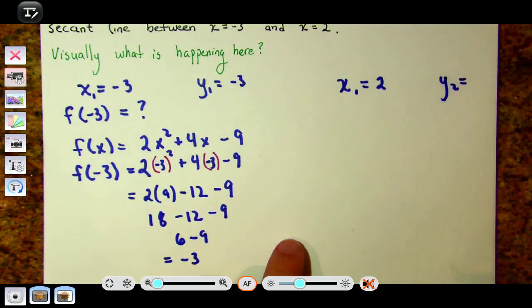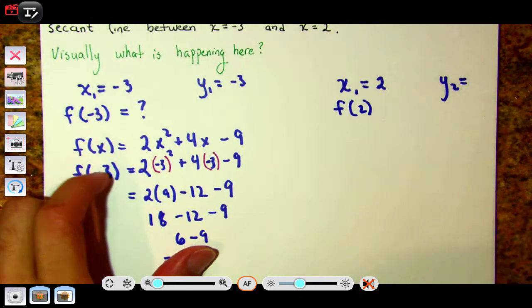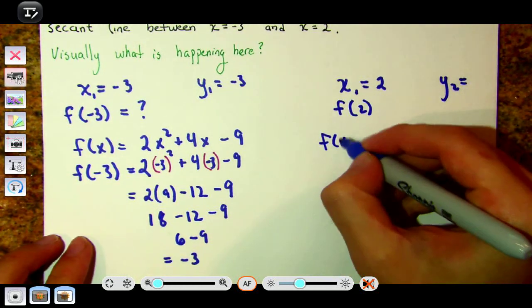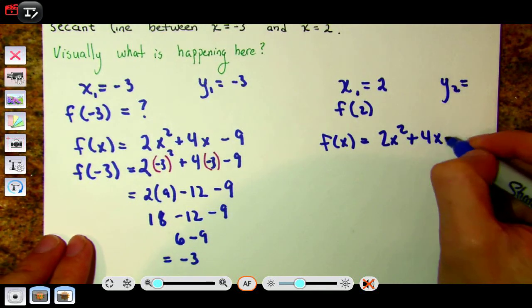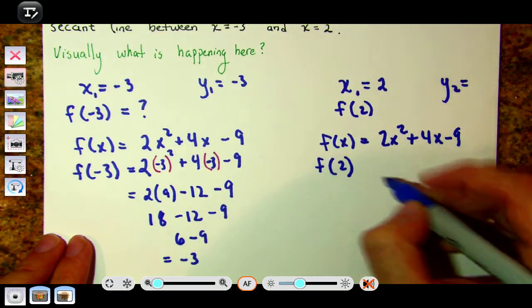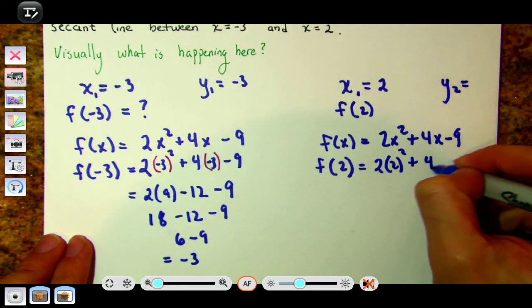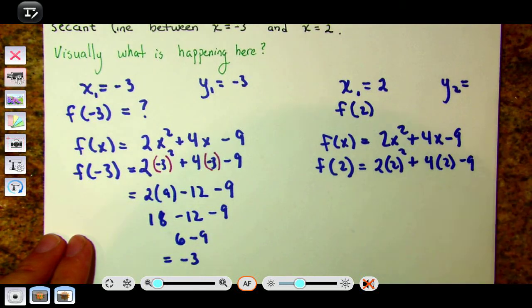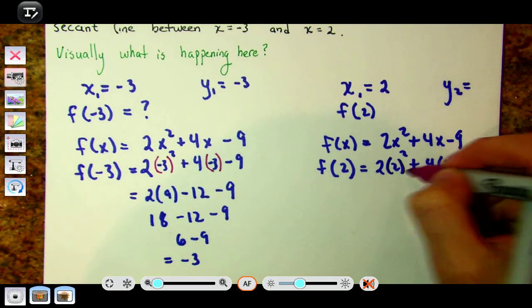And how are we going to do that? We need to find f of 2. So if you know that f of x equals 2x squared plus 4x minus 9, we want to find f of 2. This will be 2 times 2 squared plus 4 times 2 minus 9. Oh my bad, maybe I should have color coded a little bit here, right?